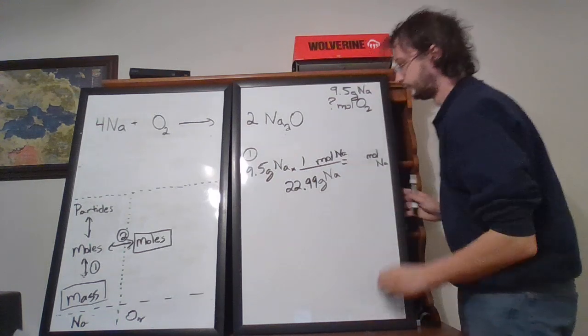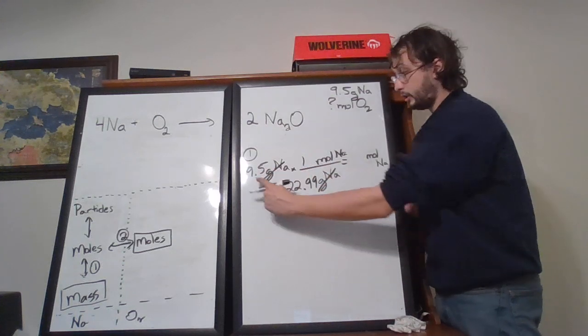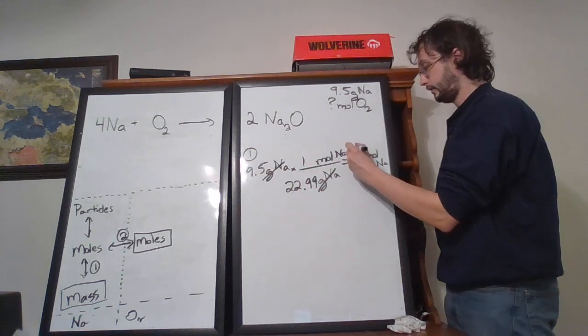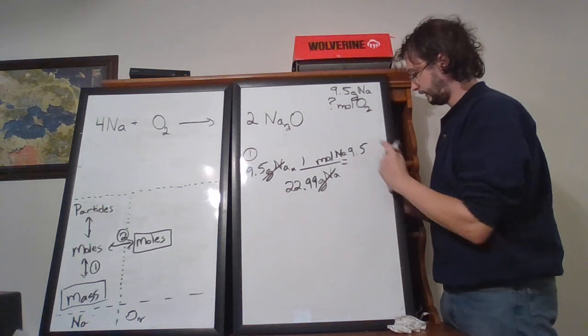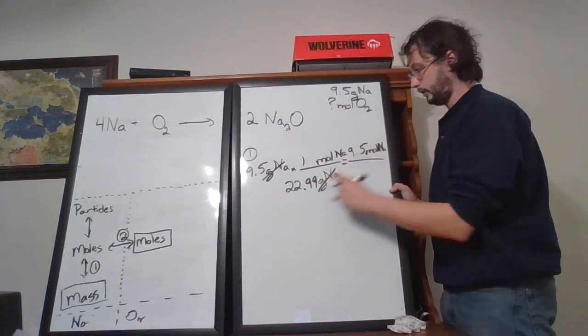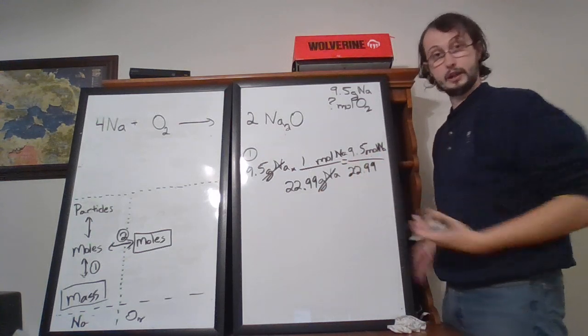Now, we see that grams of sodium cancel out with grams of sodium, and what you've got left is 9.5 times 1 is itself, so that's 9.5 moles of sodium. Let me rewrite that, over 22.99, and then grams cancel out.